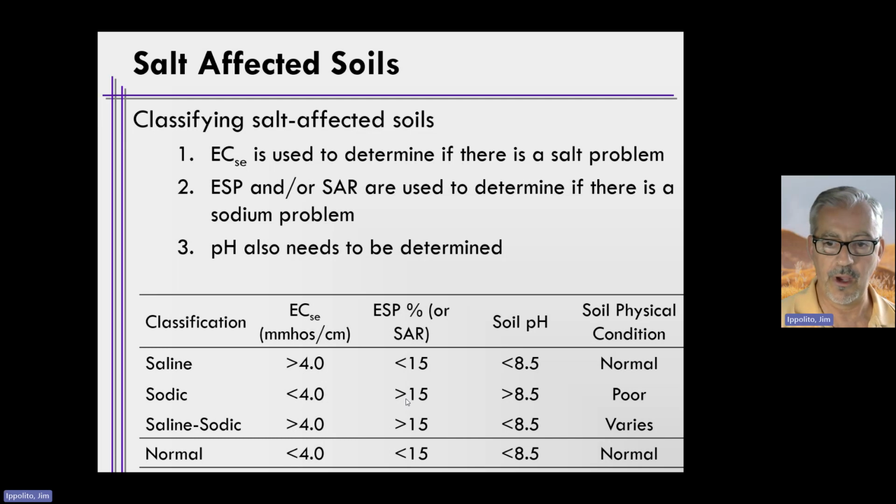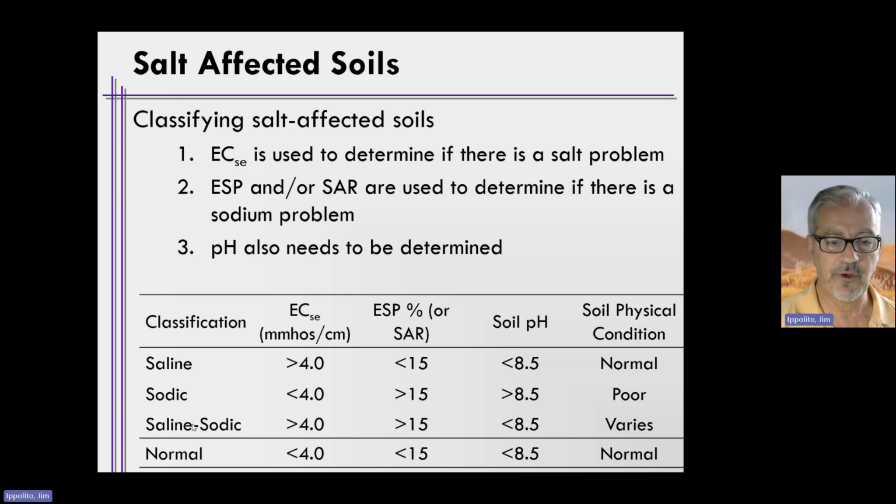And these soils oftentimes have a pH greater than 8.5. And I can tell you that the physical condition when you see it is poor, right? These soils are crusted over. They have very little infiltration, percolation, and aeration, and they are poor, and nothing is probably growing on these soils.